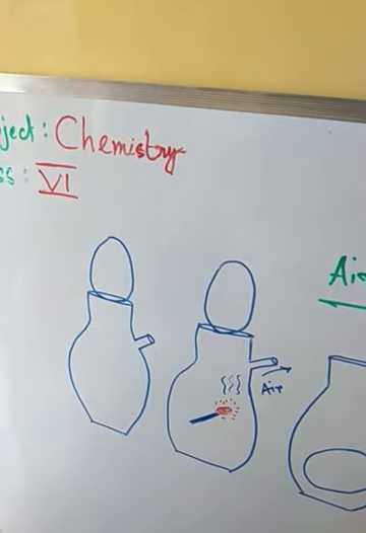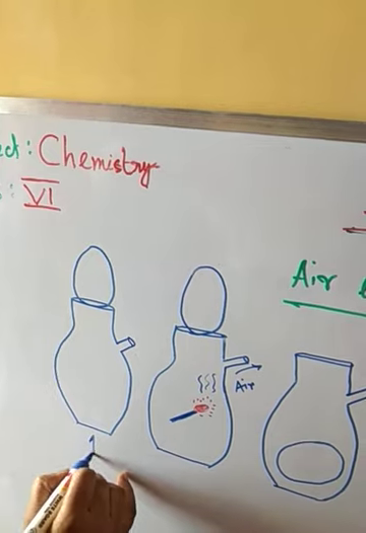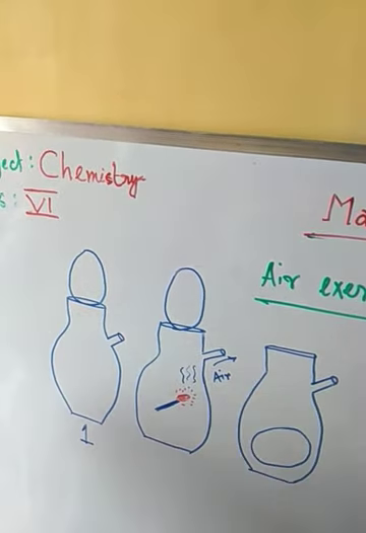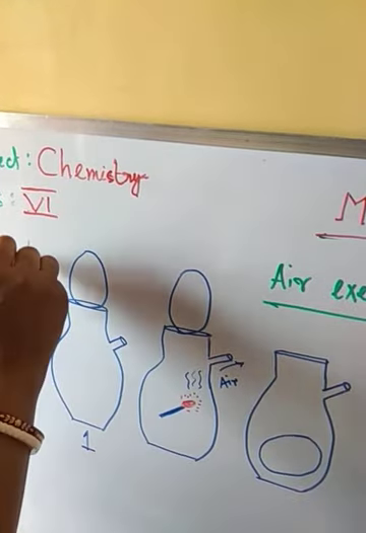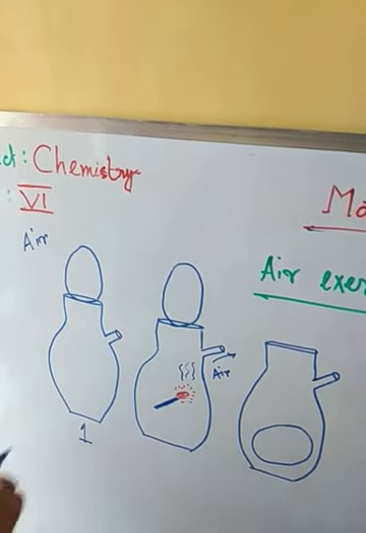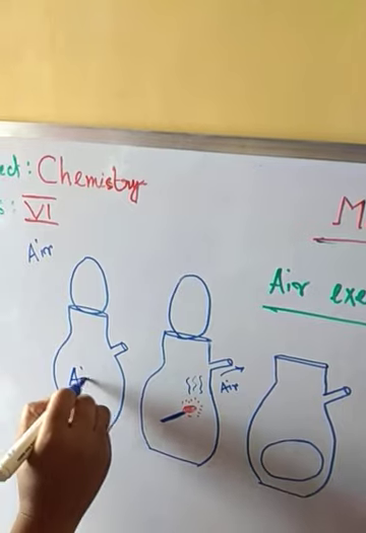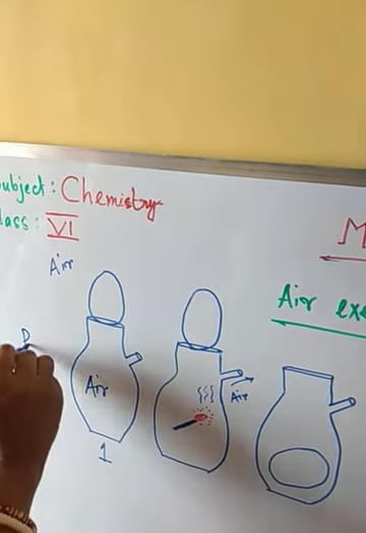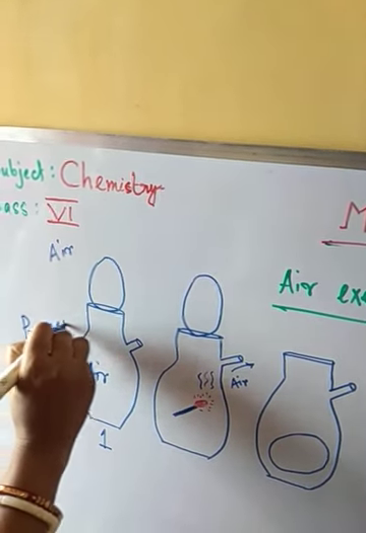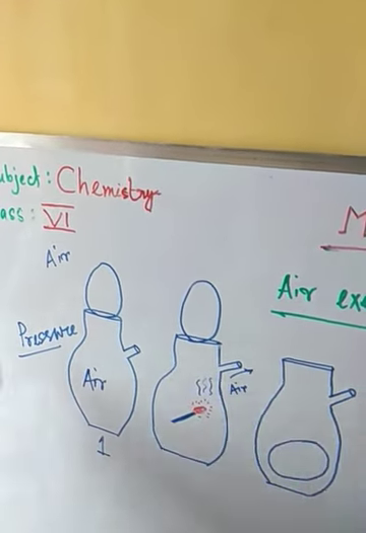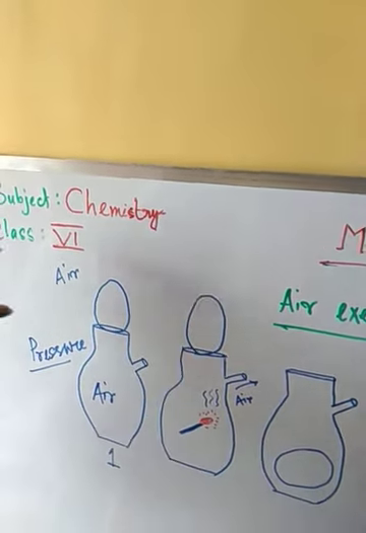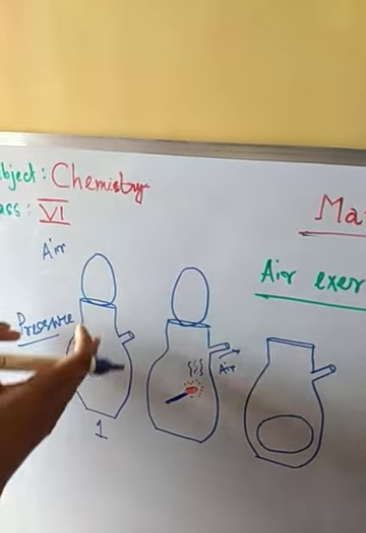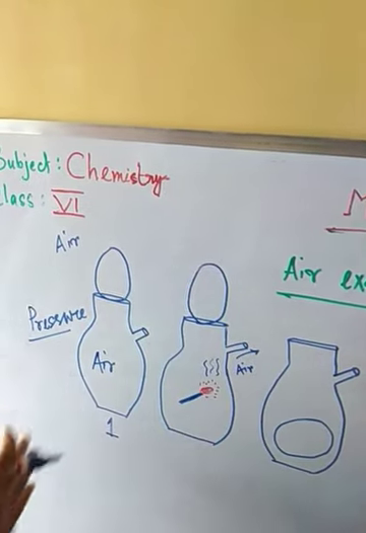Now here in the first case we have placed the egg on the mouth of the milk bottle, and the air outside of the bottle and the air inside the bottle both have the same pressure. So in the first figure, air pressure is the same outside and inside of the bottle, so the egg will remain in this manner only on the mouth of the bottle.